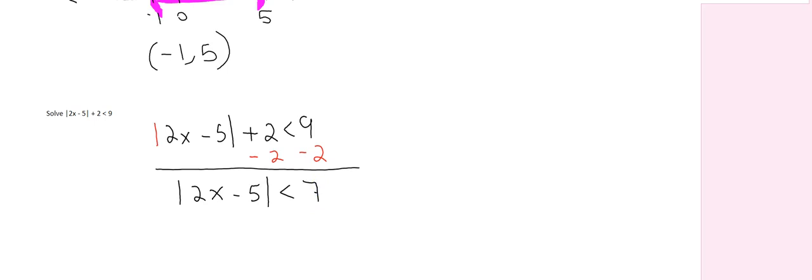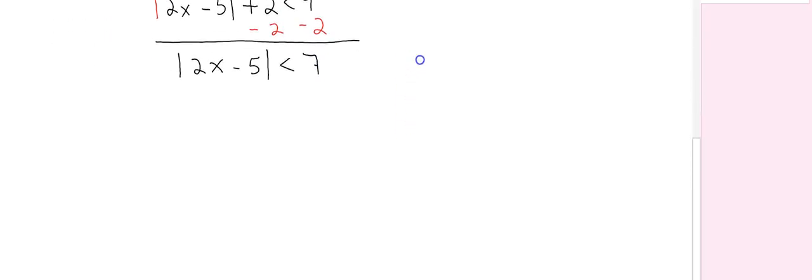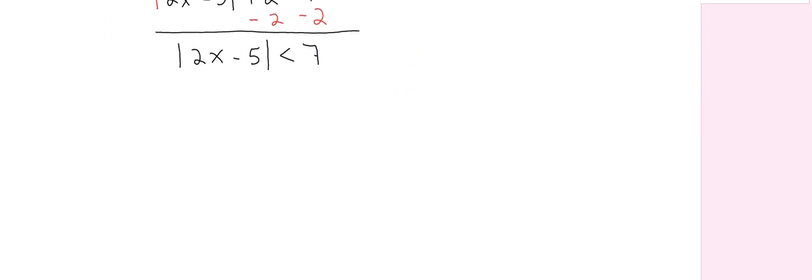Since we have a positive 7, that means that I have two cases. Being less than is represented by a similar statement, enclosing this expression, 2x minus 5, to be less than 7 but greater than negative 7.